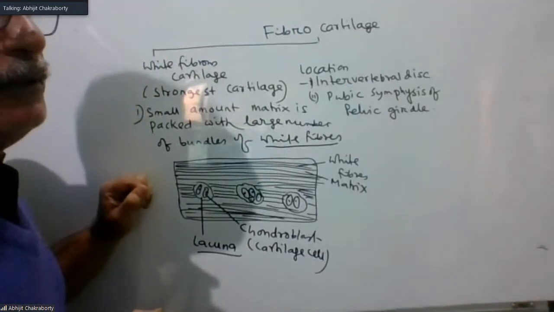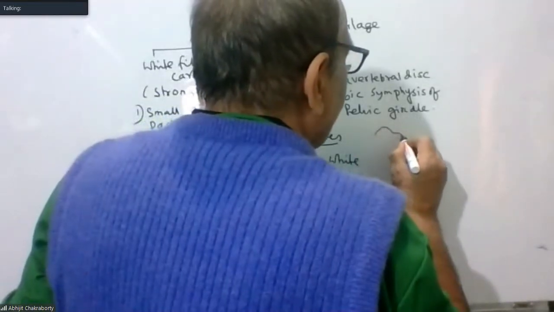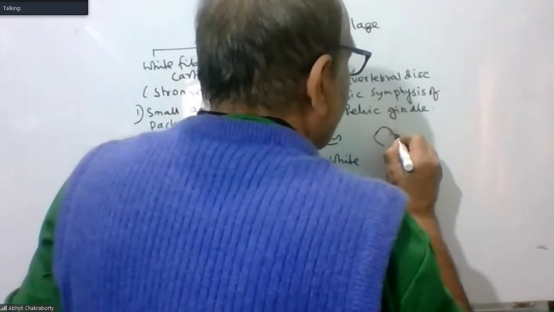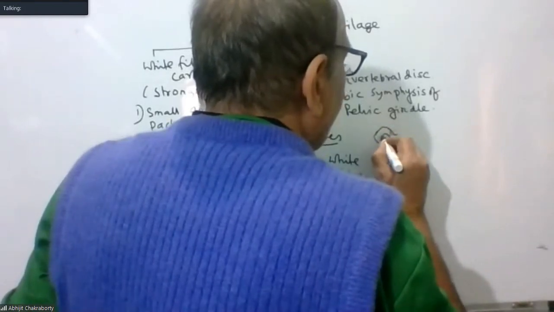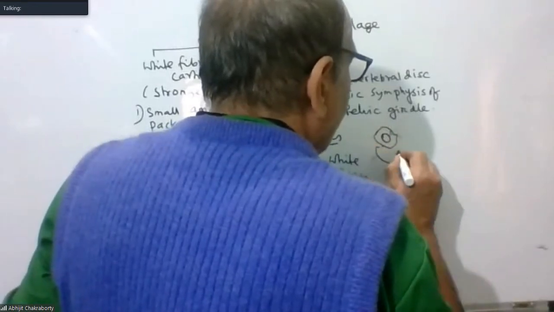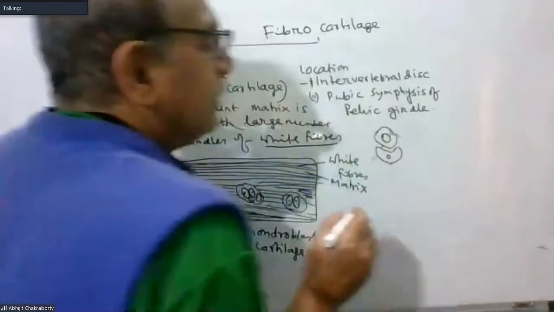Intervertebral disc means in between the vertebrae. Suppose you see, so these are the vertebrae.